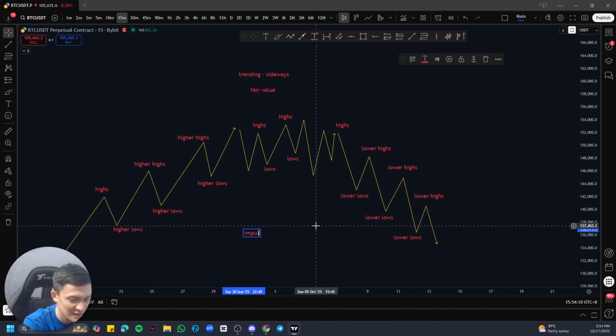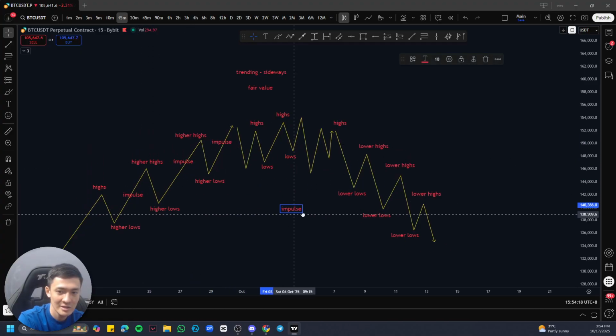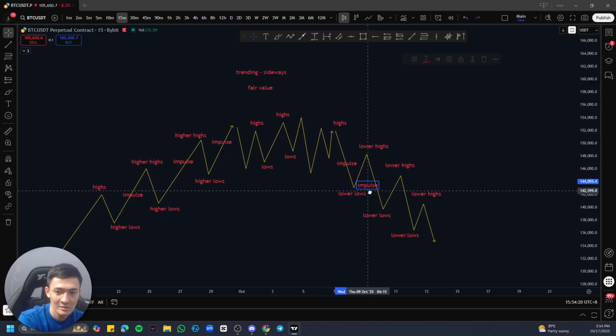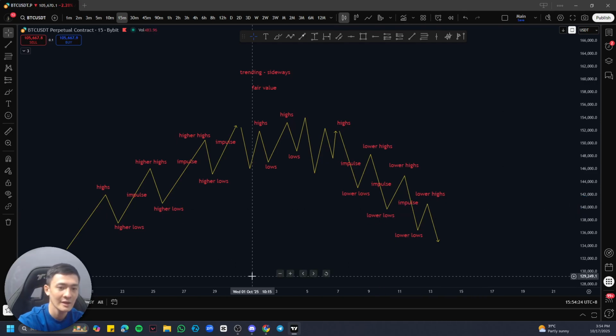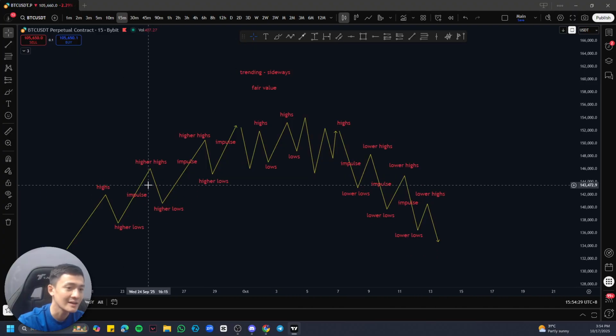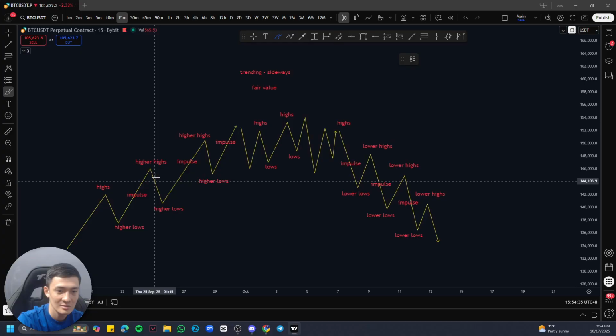This is what we call impulse. In an uptrend, the impulse is what creates the higher highs. In a downtrend, the impulse is what creates the lower lows. The impulse is the move that continues the trend. After an impulse, we have this move that goes in the opposite direction of the trend.